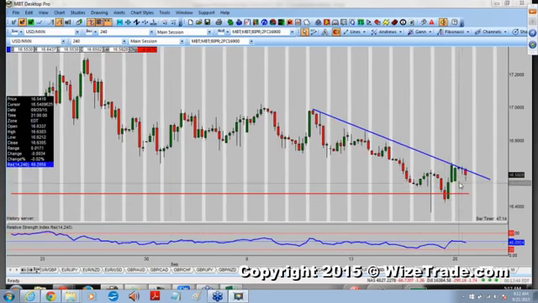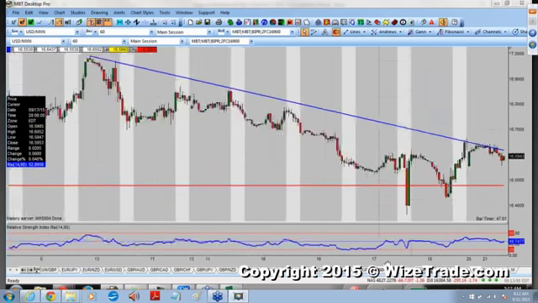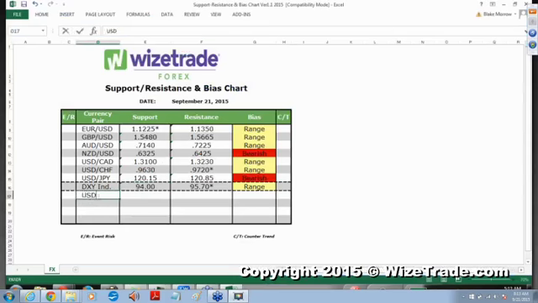Okay, so for those of you guys and gals that trade the peso, it's really key resistance. 1664. Still in a very bullish trend.